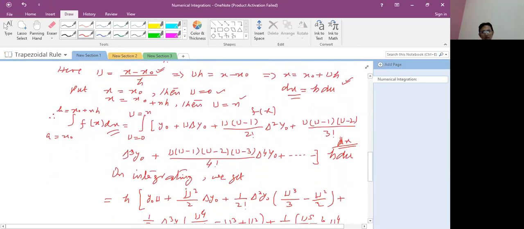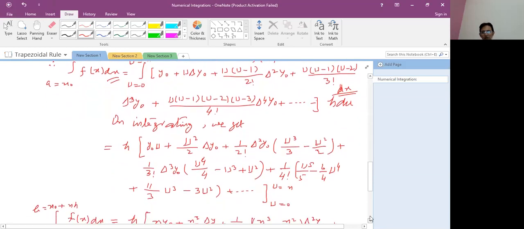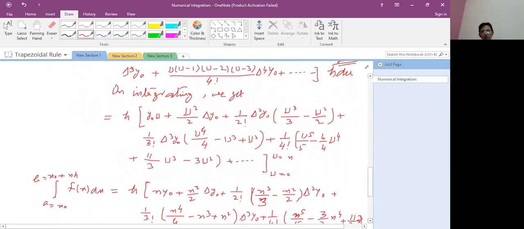In the next step, student, we will integrate with respect to u. When we integrate u, we get u square upon 2, and u square minus u gives u cube upon 3. Similarly, we integrate each function. After integrating, we substitute the values of the lower limit and upper limit in respect of u. So in the next step we will put the values of u as 0 and n.